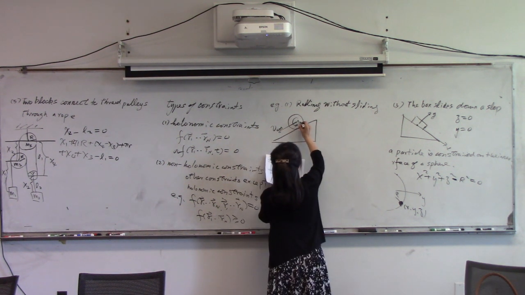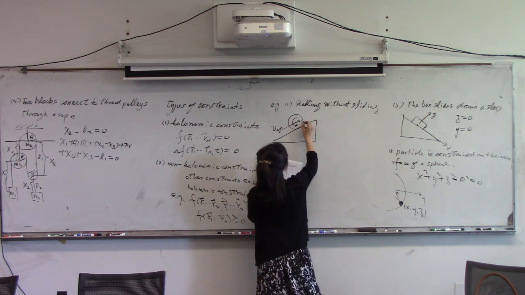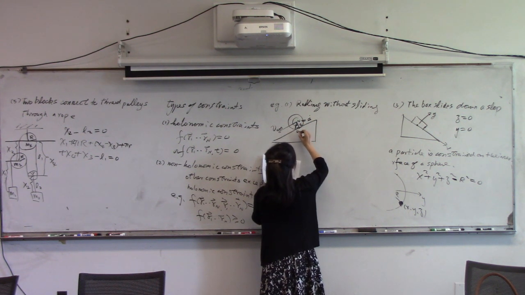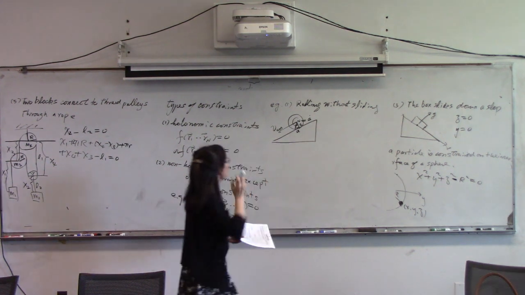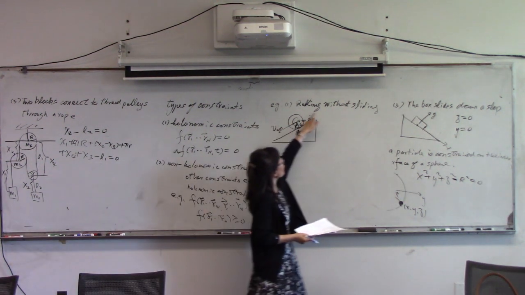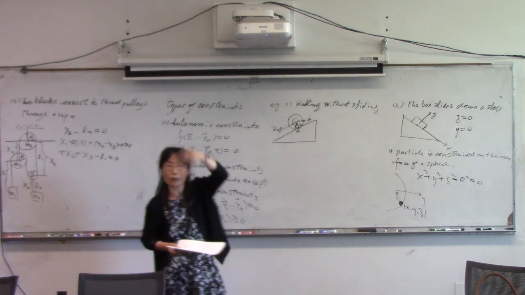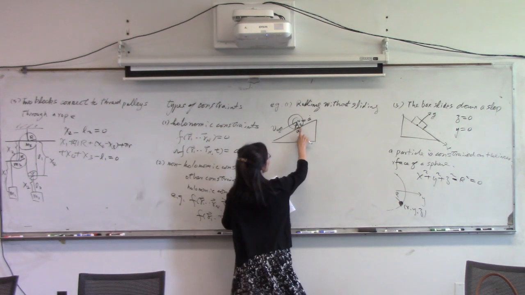If we say omega equals theta dot, suppose this is radius a, and this is theta, then rolling without sliding means that the center of mass velocity equals the rotation velocity, right? And this potential is relative 0.